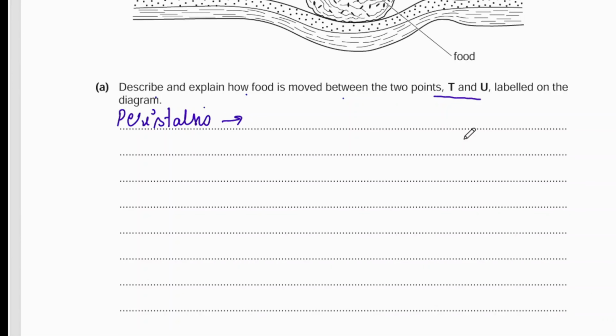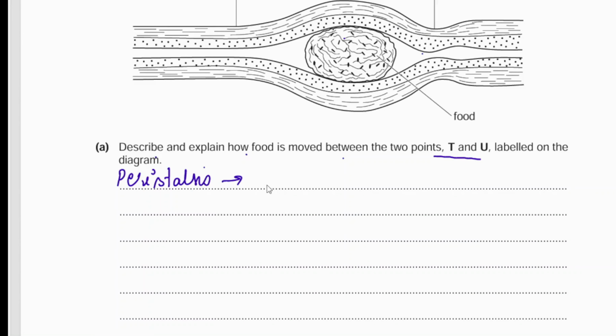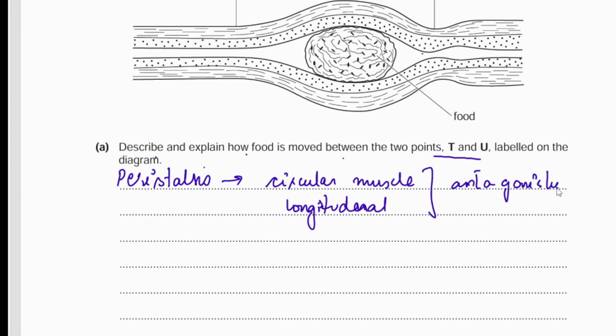Simple. It has two types of muscles. One is circular and the other longitudinal, and they work like the muscles in the eye. They are antagonistic. Now explain the meaning of antagonistic. So 1 mark for this, 1 mark for this, 1 mark for this, 1 mark for this.